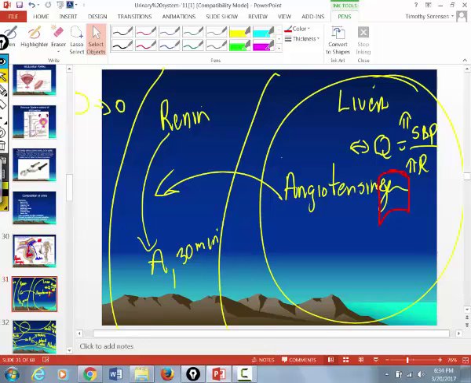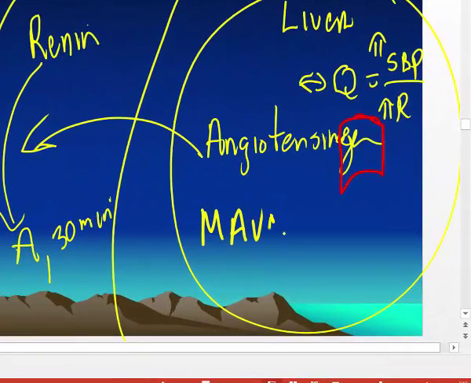You better get this. Angiotensin 1 is a mild arterial vasoconstrictor. It will take arteries throughout your body, and it will mildly constrict them. And according to Ohm's flow law, if the arteries get smaller, what happens to resistance to blood flow? And you increase systolic blood pressure to maintain Q.